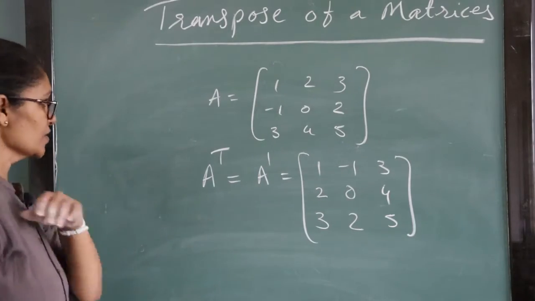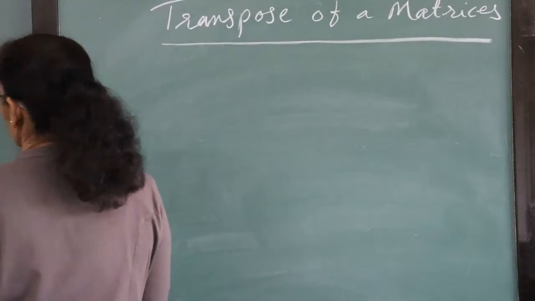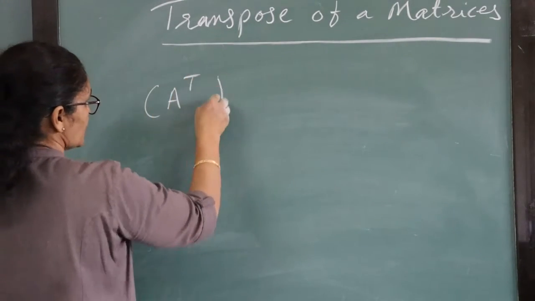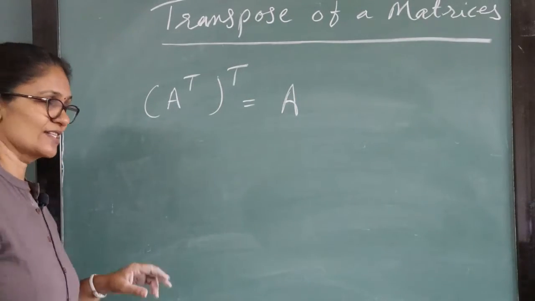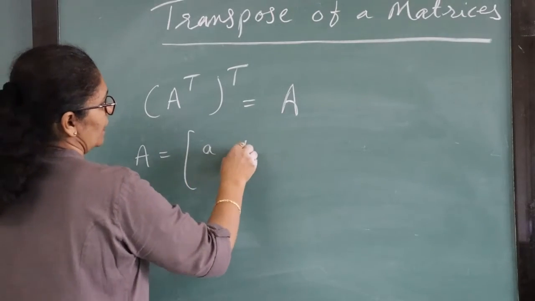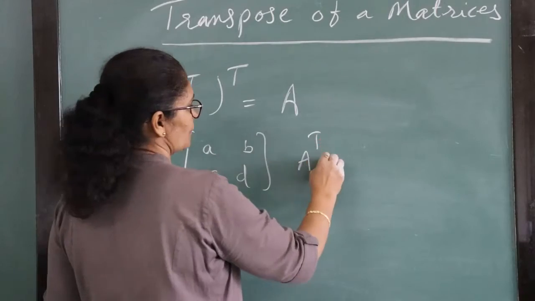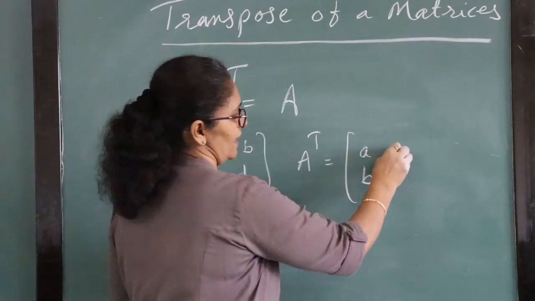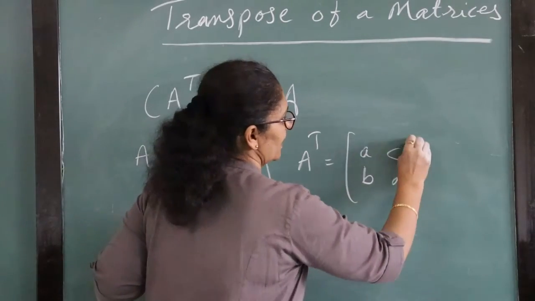Now let's discuss the properties of transpose. The first property is one simple concept: the transpose of a transpose gives you the same matrix. Let's take one example with 2 by 2 only. A, B, C, D. I write its transpose first: A, B as the first column and C, D as the second column.